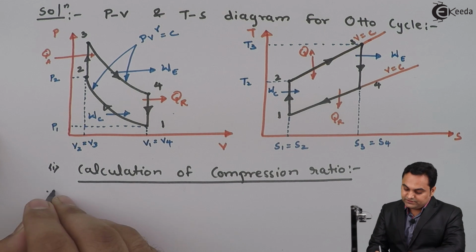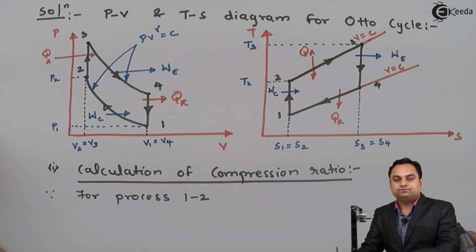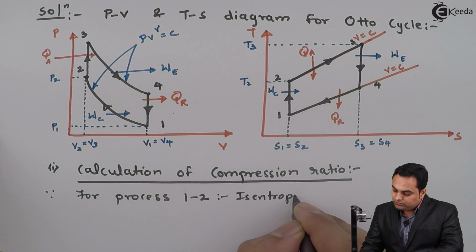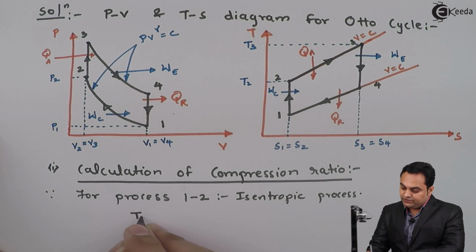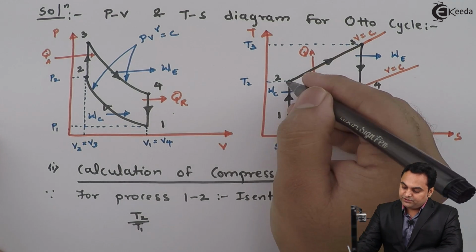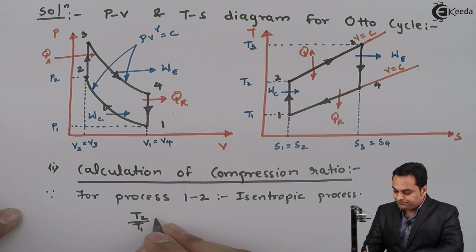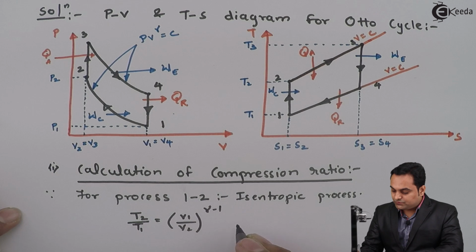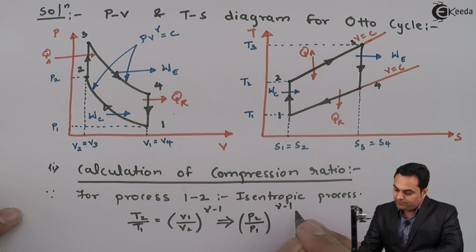Now I'll write down that for process 1 to 2, which is also called an isentropic process, the relation can be written as T2 upon T1, that is higher temperature upon lower temperature, is equal to V1 by V2 raised to gamma minus 1, and this is also equal to P2 by P1 raised to gamma minus 1 upon gamma.